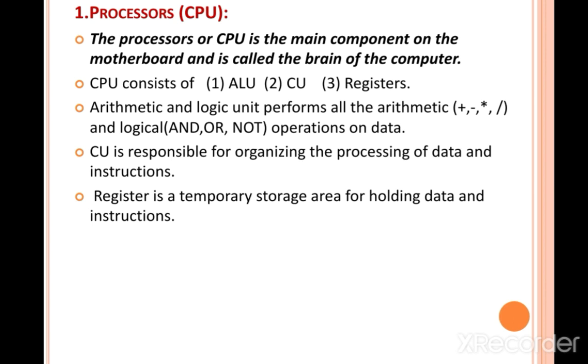Register is a temporary storage area for holding data and instructions. Registers are small high-speed storage units within the CPU. Students, this one was already studied in the previous session. These are directly accessed and manipulated by the CPU during the instruction execution.